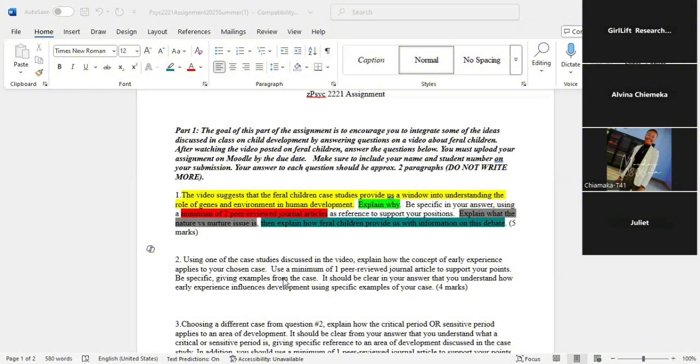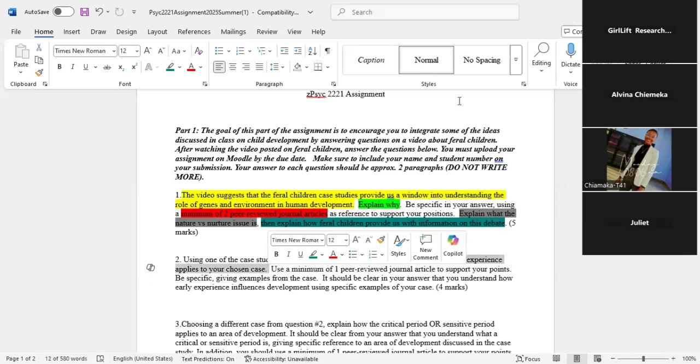You may not need to go into the details as though you're answering it. I just want to know that you can pick out the things that you should make sure you don't miss out. It's analysis. We are not really answering it, just able to analyze and know what exactly is important to bear in mind. For me, I will highlight explain how the concept of early experience affects the children.